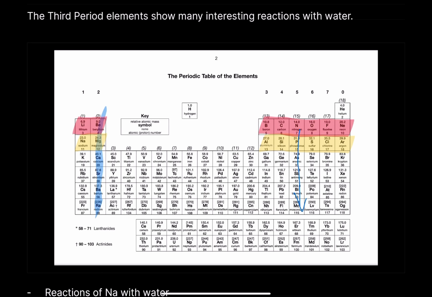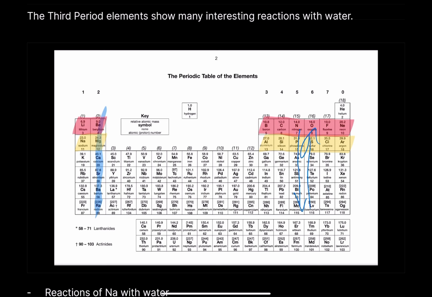Yes, the number of shells is increasing, but the number of valence electrons is the same. So we're expecting the same type of overall reaction. That's what you need to think about. Going up or down a group is the same thing. I'm saying that the number of valence electrons is the same. Obviously, if you're going down the periodic table, then you're increasing the number of shells.